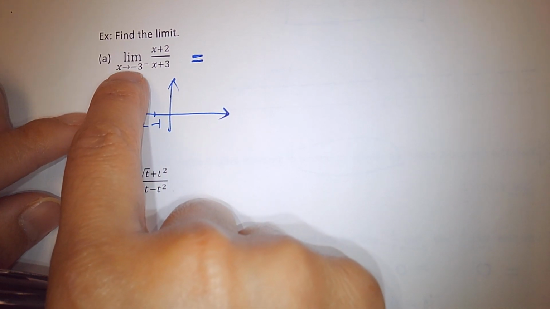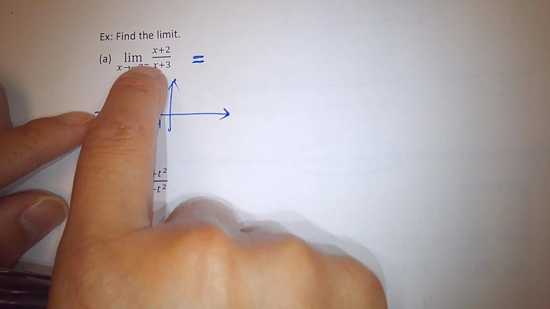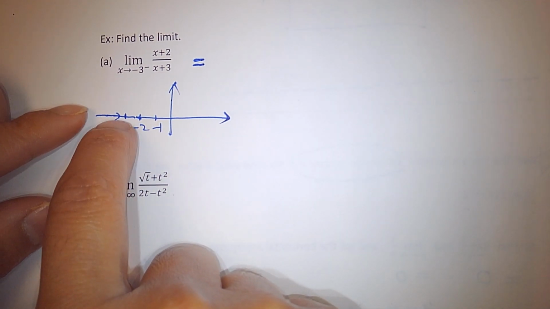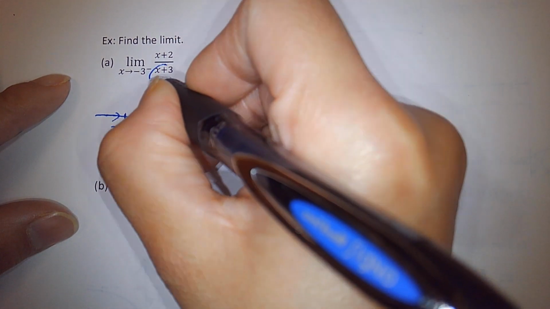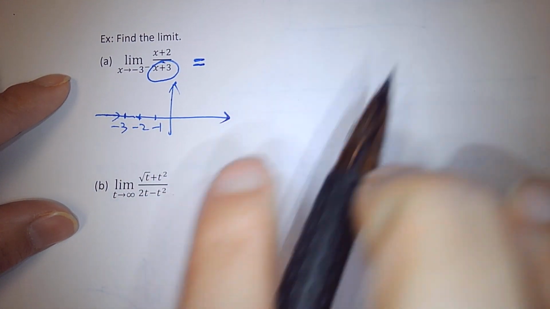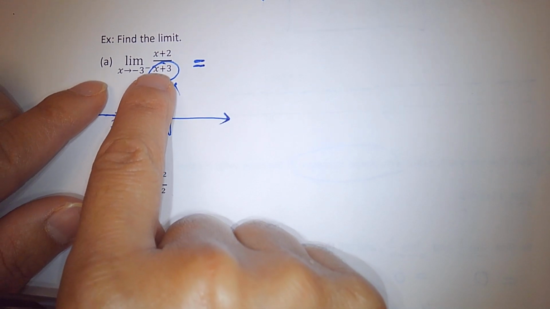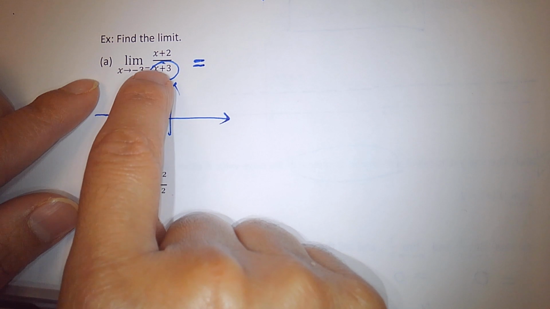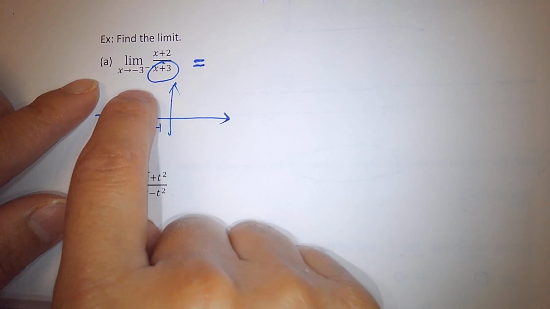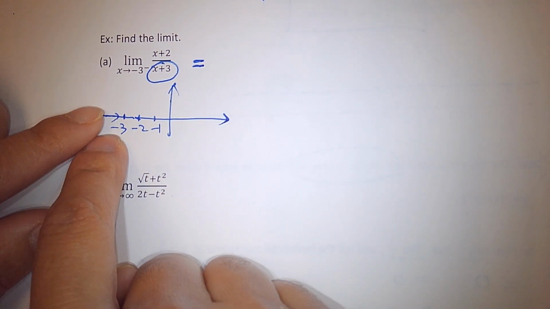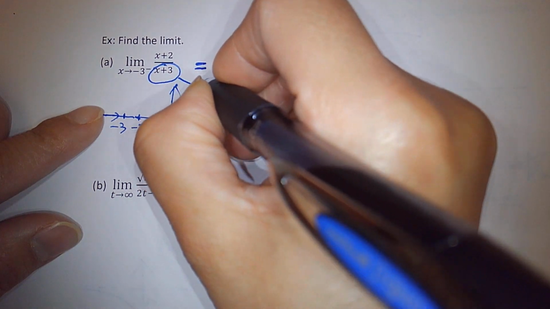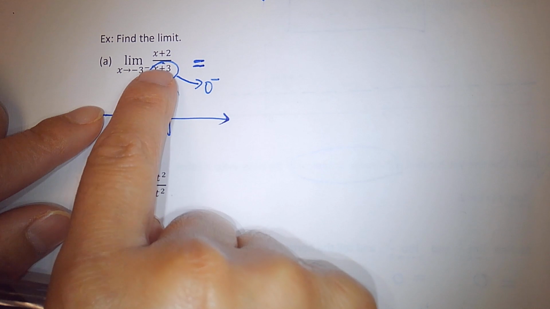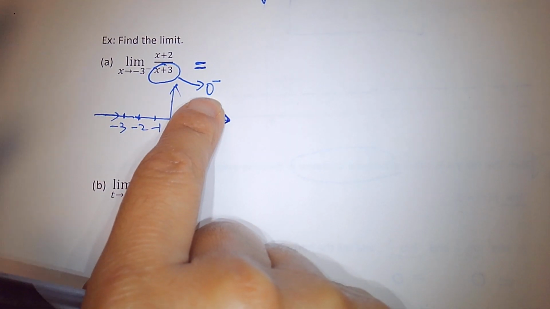Okay, well, x approaches -3 from the left. X will be very close to -3, but less than -3, right? Now, I'm asking you, how about x plus 3 goes to? -3 plus 3, 0. But will this 0 be positive or negative? Negative, because x is less than -3, right? So on the bottom, x plus 3 approaches 0, but less than 0.